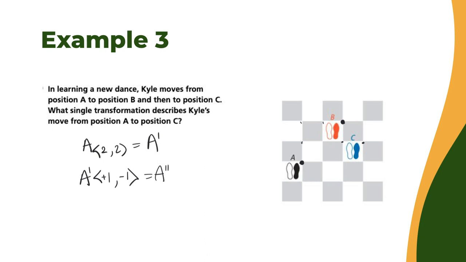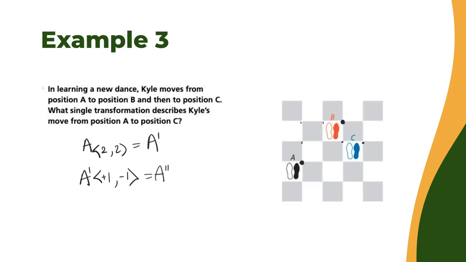Well, I could rewrite that as, think about it. In total, we moved horizontally 3, and in total, 2 minus 1 would be we moved only up 1.